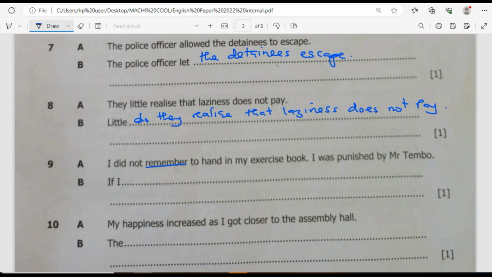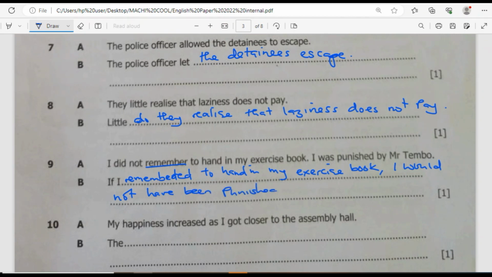So if I had remembered to hand in my exercise book, I would not have been punished by Mr. Tembo.